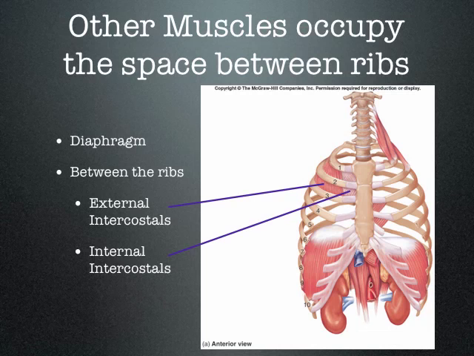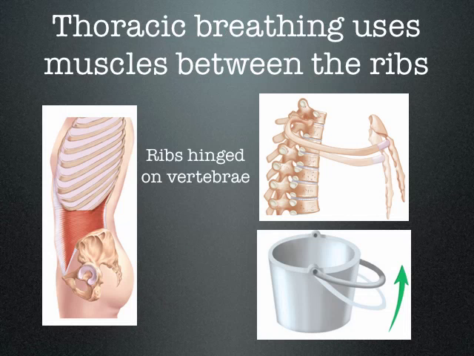When a muscle contracts, obviously the ribs are going to get drawn closer to one another, but they can be drawn closer this way or this way. How do I get a chest cavity bigger by squeezing these muscles? Well, the way to think of it is this. You got to notice something very interesting about your ribs. Look at the ribs right here.